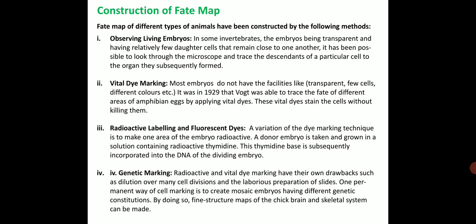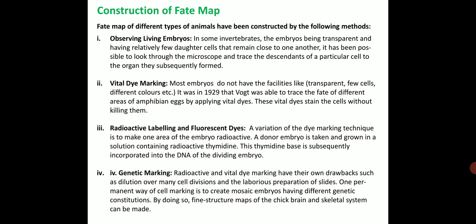The fourth one is genetic marking. Radioactive and vital dye marking have their own drawbacks, such as dilution over many cell divisions and the laborious preparation of slides. One permanent way of cell marking is to create mosaic embryos that have different genetic constitutions.